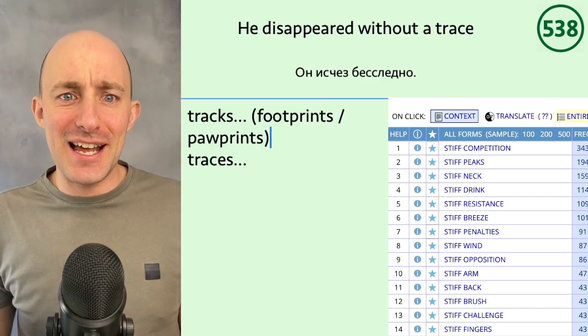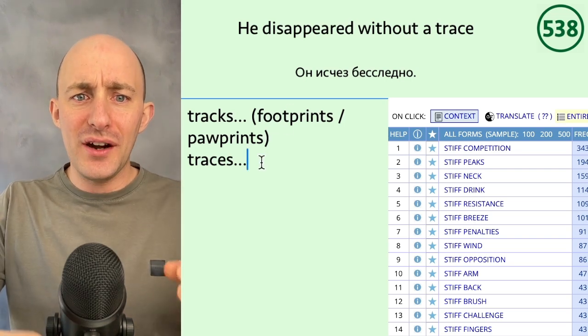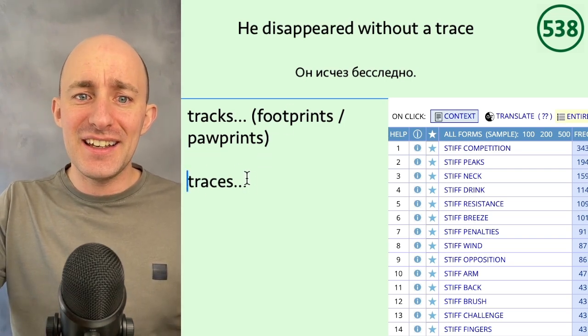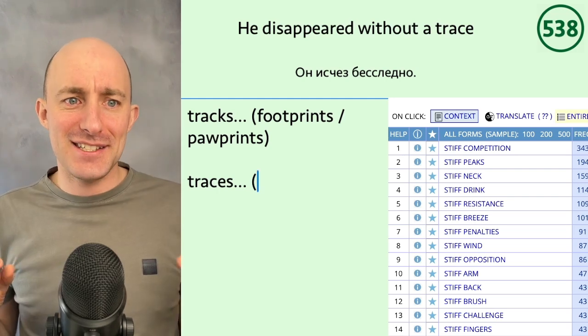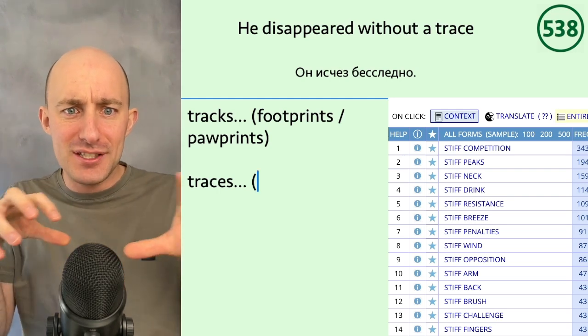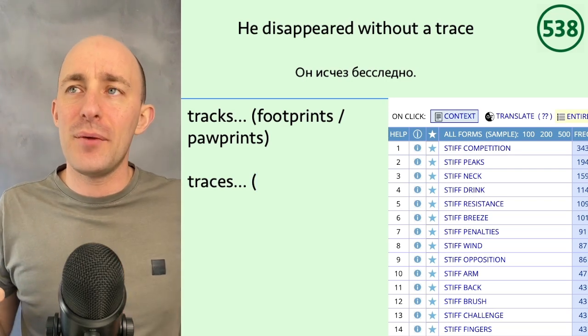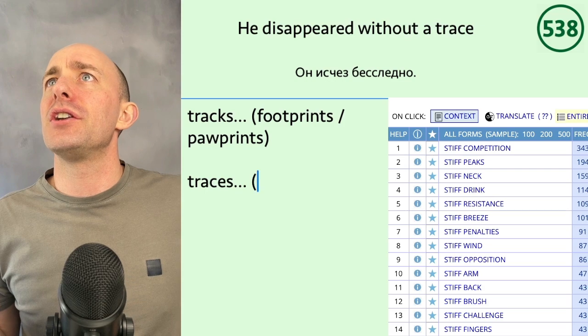If we're talking about an animal, they would be tracks. Tracks are quite substantial, whereas traces are much less substantial. They're just tiny amounts, tiny little signs. That would be traces.